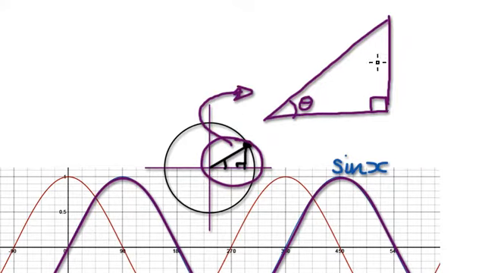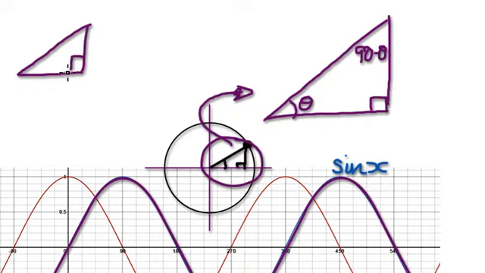Well, if this angle here is theta, then this angle here is 90 take away theta. The reason for that is no matter what triangle you have, all the angles inside add up to 180.